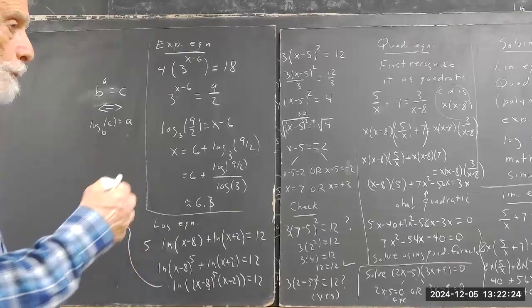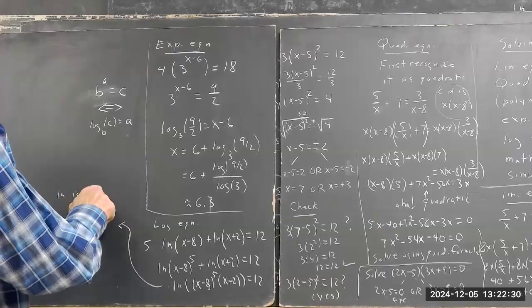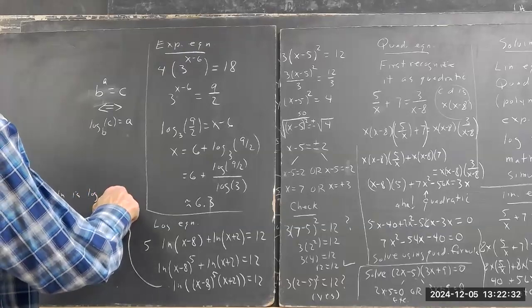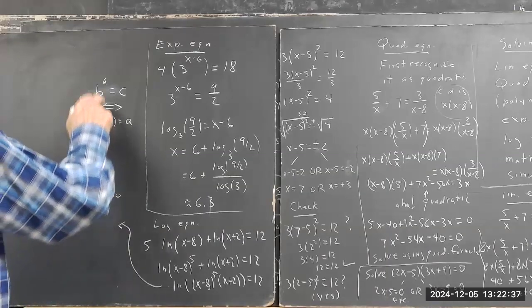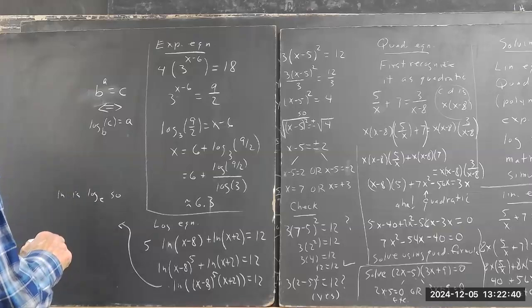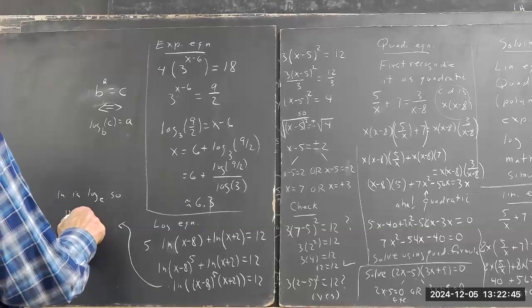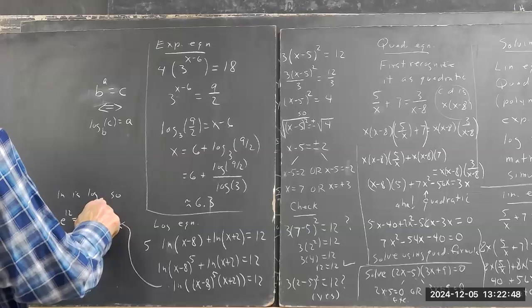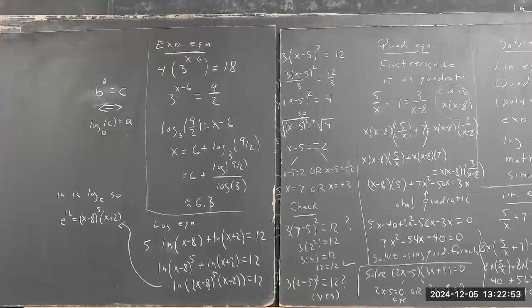And natural log is log base e. So converting from log to exponential form, we get e to the 12th equals x minus 8 to the 5th times x plus 2. e to the 12th is just a number.